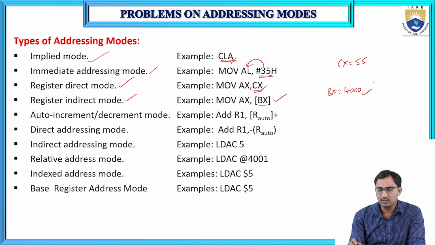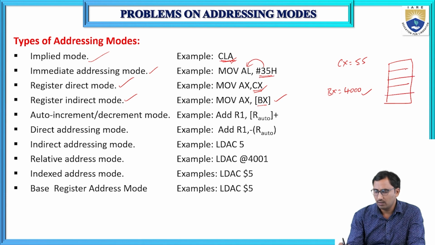In BX, 4000 is there, so it will go to the 4000 location, and in that location it has some value, say 2400. That means 2400 is the effective address of the operand.